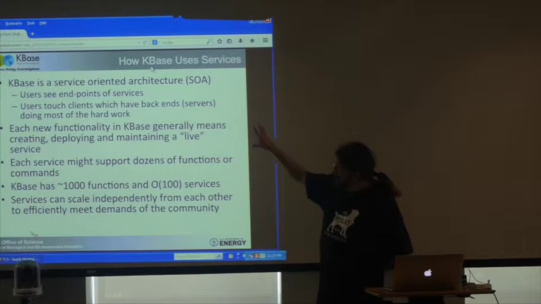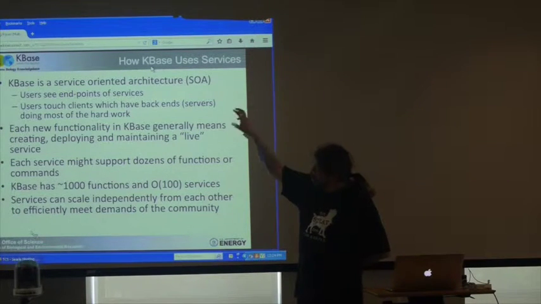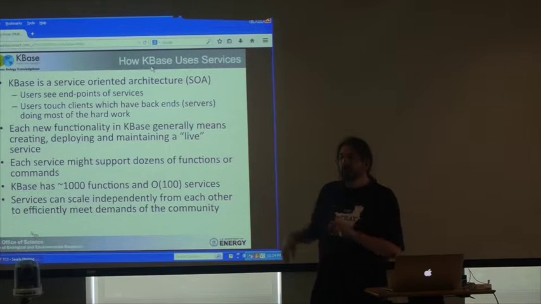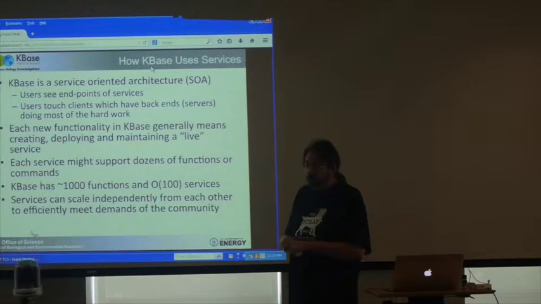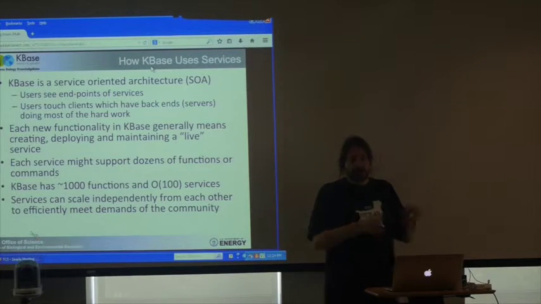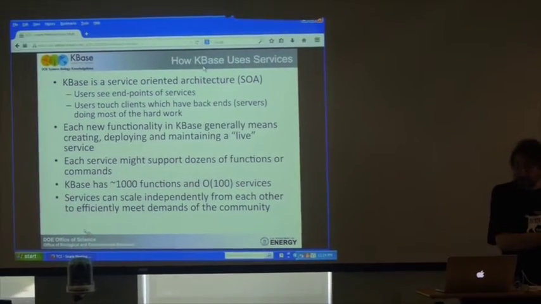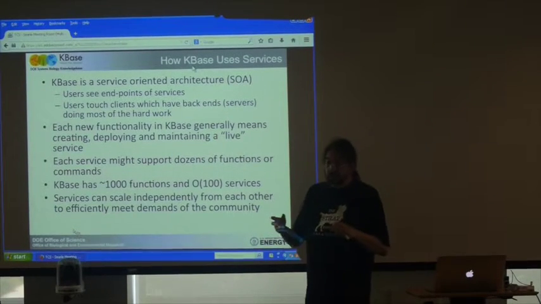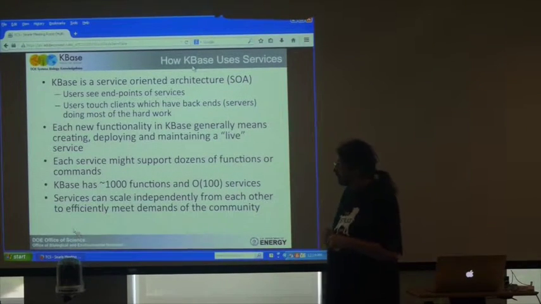It's built on a service-oriented architecture, so what users see are endpoints of services that can scale sort of independently from each other. And so one day, if there's a lot of people doing a certain type of function, like assembling genomes, and the next day they're doing modeling, we don't have to scale the system up in some kind of linear way.